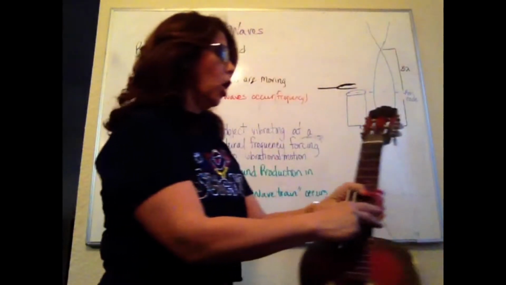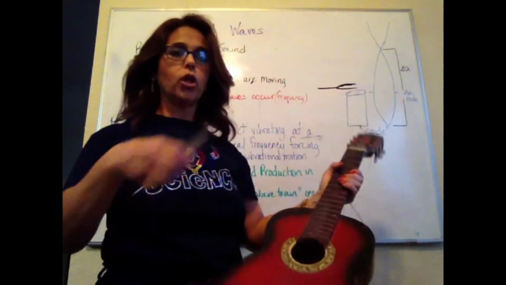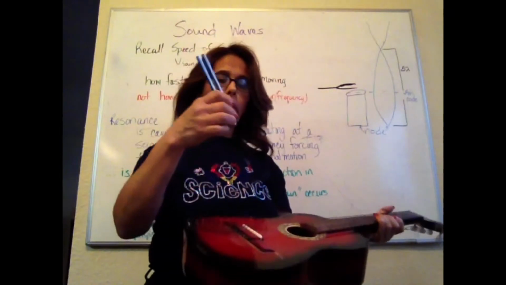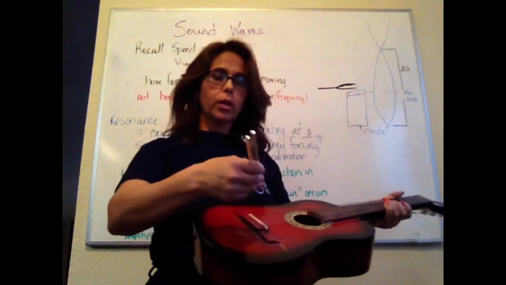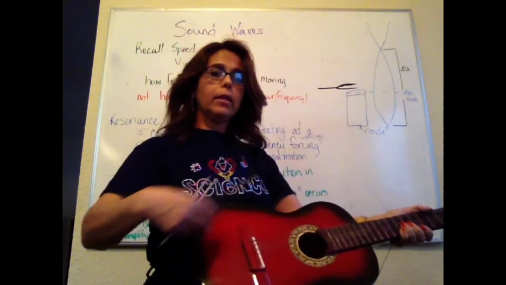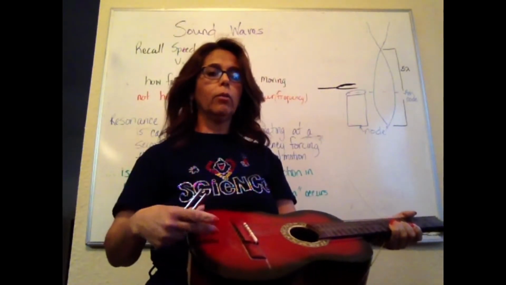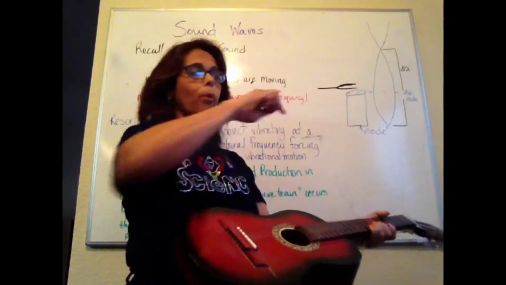But if I get a guitar, not that I'm going to bust out playing the guitar, I'm going to show you what happens with a tuning fork as I put it on the box of the guitar, which obviously has a hole and is filled with air. The material of the guitar itself also is a little bit easier to move than my board back here.